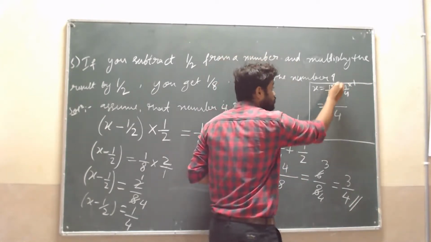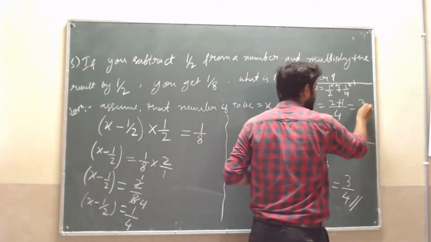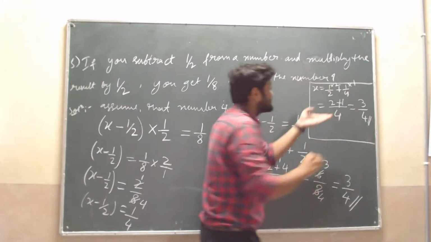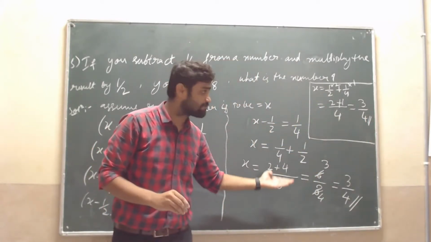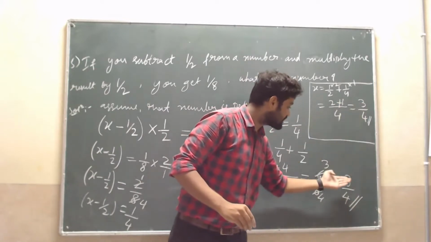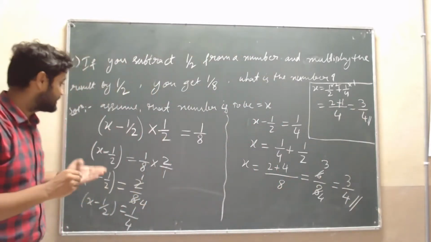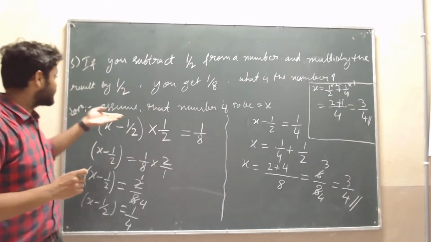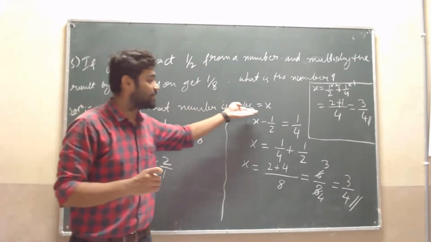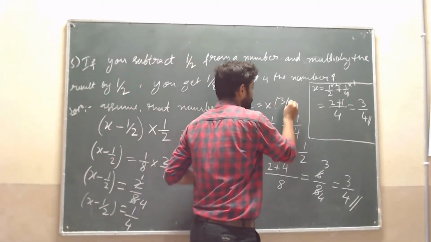Okay, 1 2s are 2 plus 1 1s are 1. What is the answer we have? 3/4. This is the LCM by a different method, and the same answer is there. This 3/4 is there, and here also 3/4 is there, isn't it? Yes. Then what is the answer we have? x is equal to 3/4. See here, assume that the number is x, and x is equal to 3/4.